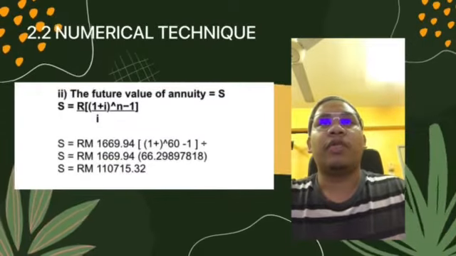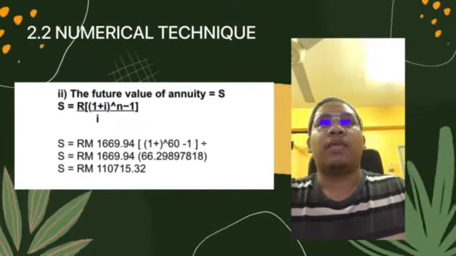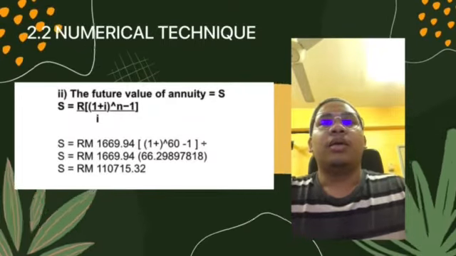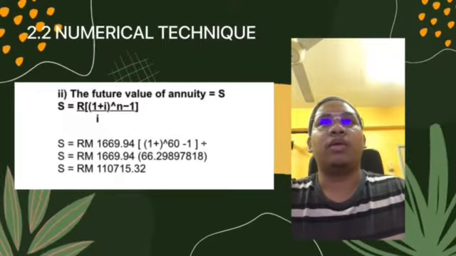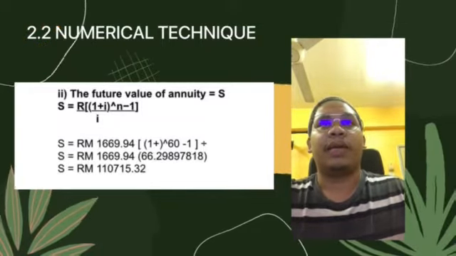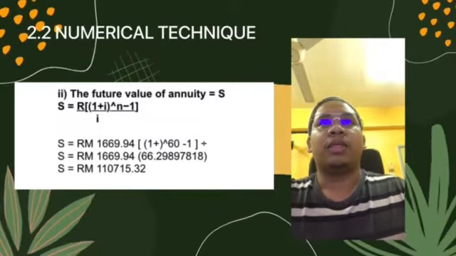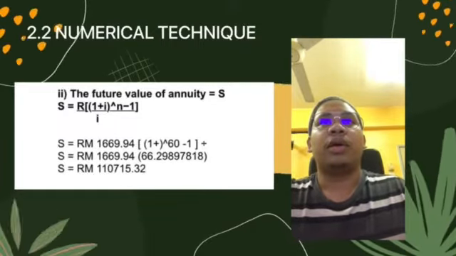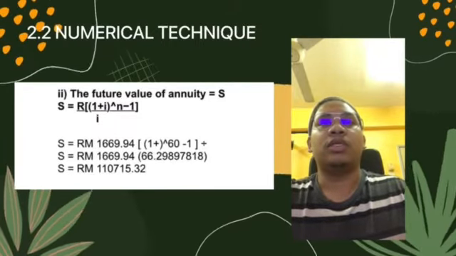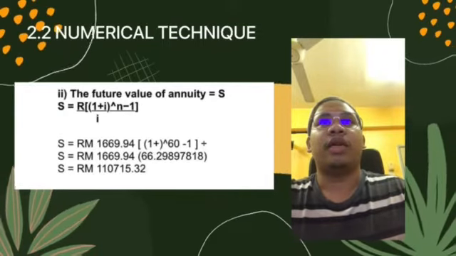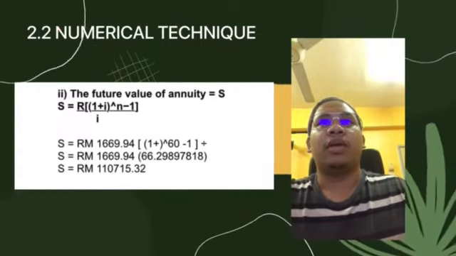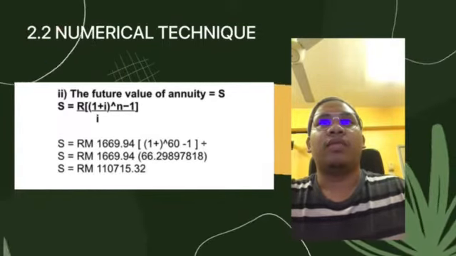Next, the future value of the annuity S. We use the formula S equals R bracket 1 plus i close bracket to the power of n minus 1 close bracket per i. We insert the values and get S, which is 110,750 ringgit and 32 cent.